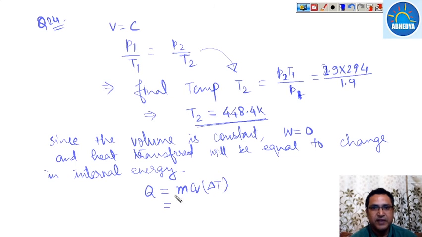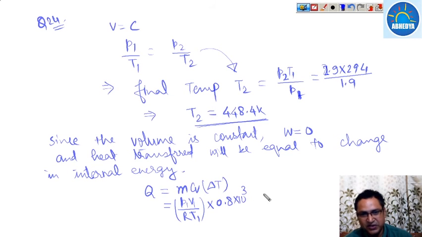What is the value of m? m is P1 V1 upon R T1, using the gas law. CV for air, I am taking approximately 0.8 kilojoule per kilogram Kelvin, so it is 0.8 into 10 to the power 3 joule per kilogram Kelvin. And the temperature change is T2 minus T1.